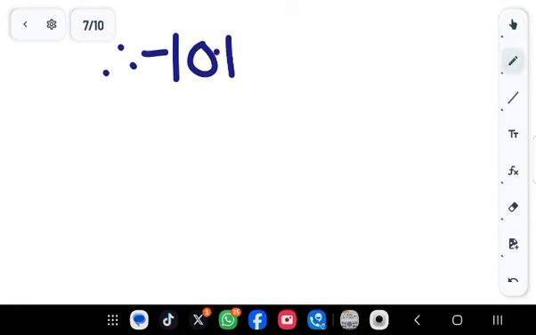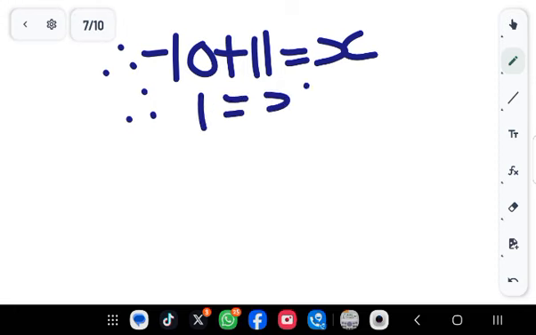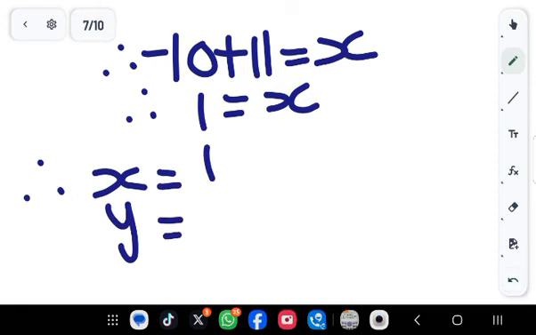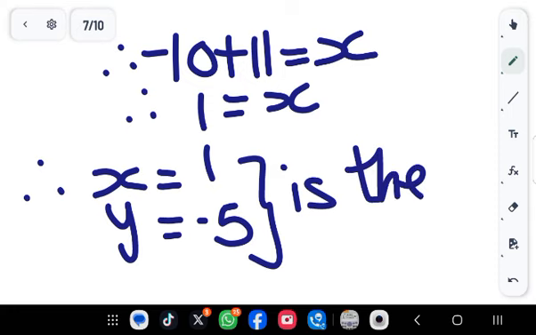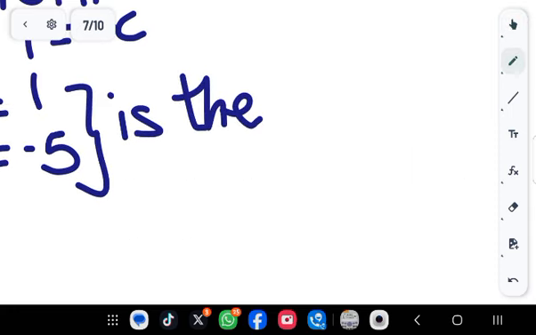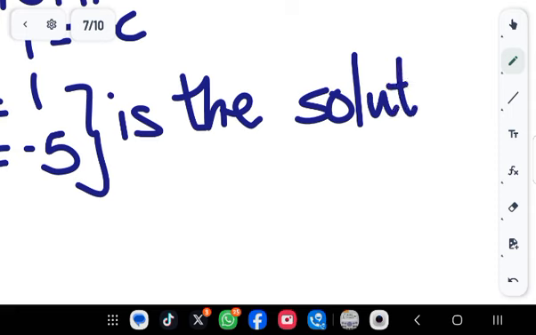Negative 10 plus 11 equals x, meaning that 1 equals x. Therefore, x equals 1 and y equals negative 5. This is the solution, and that's how you solve that. Next question.